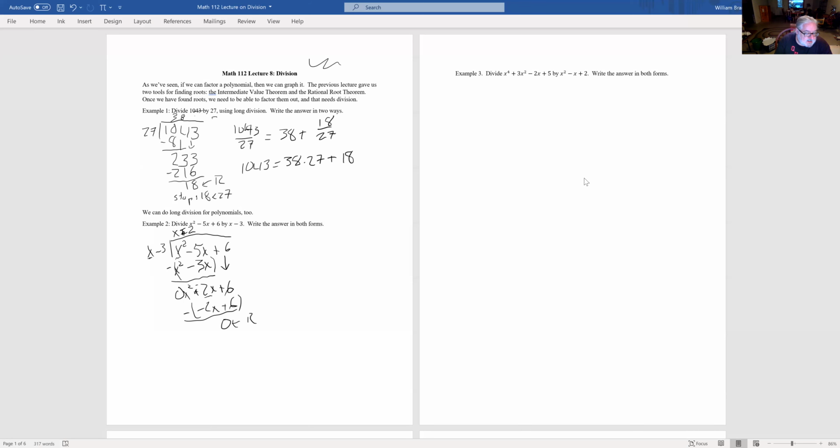We can write it as x squared minus 5x plus 6 divided by x minus 3 equals x minus 2 plus a remainder of 0 over x minus 3. Or if we multiply through by x minus 3, we get x squared minus 5x plus 6 equals x minus 2 times x minus 3.